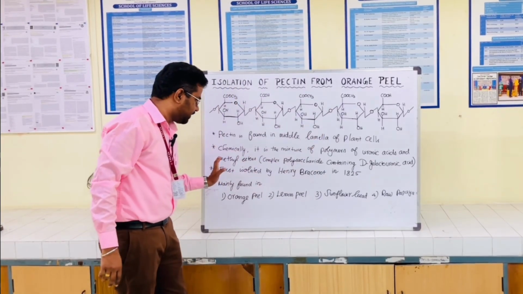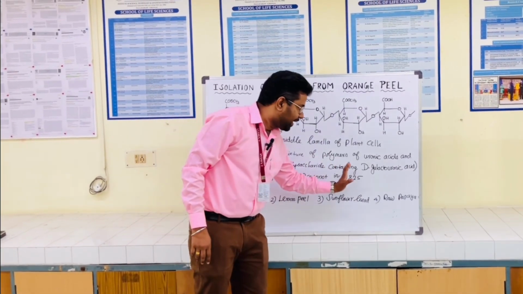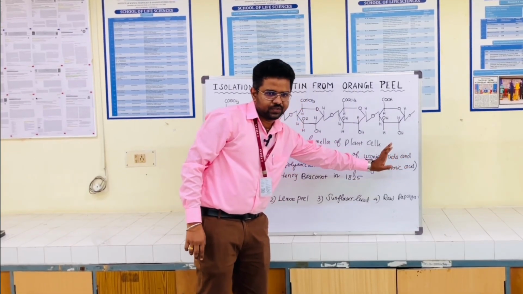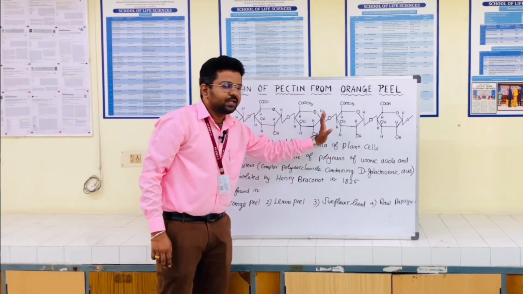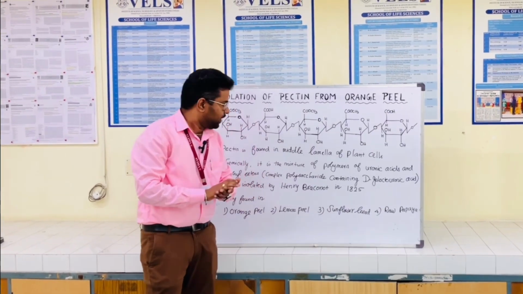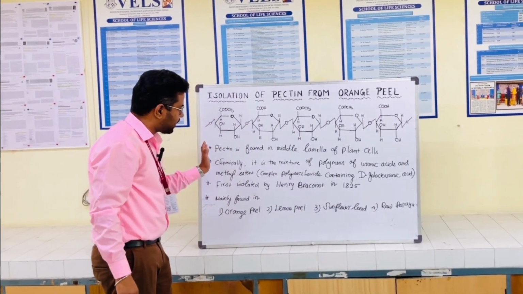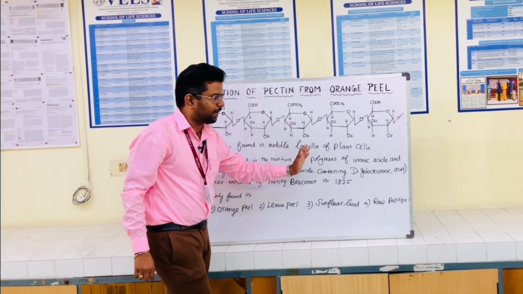It is a complex structure. This is a complex polysaccharide containing basically D-galacturonic acid derivatives. This is what we are going to isolate from orange peel. This molecule is generally found in the middle lamella of plant cells.